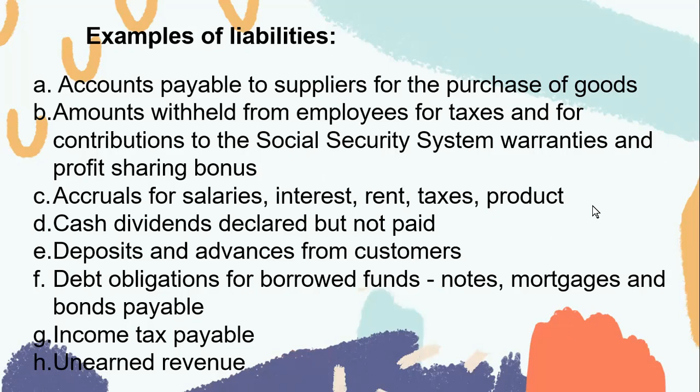D is cash dividends declared but not paid. E is deposit in advance from customers. F is debt obligation for borrowed funds, notes, mortgage, and bonds payable. G is income tax payable, and H is the unearned revenue.